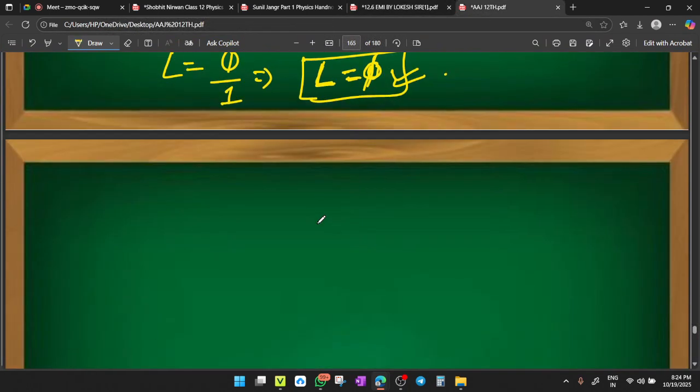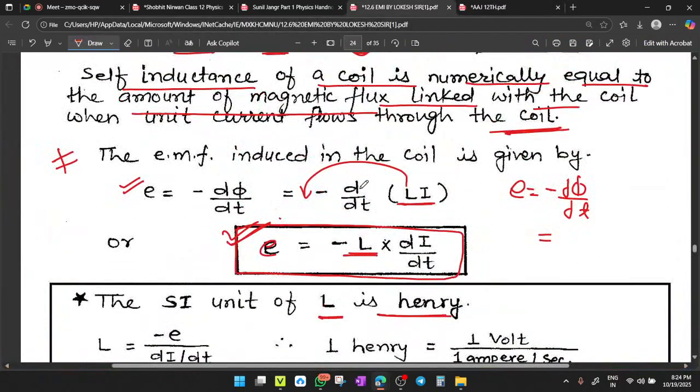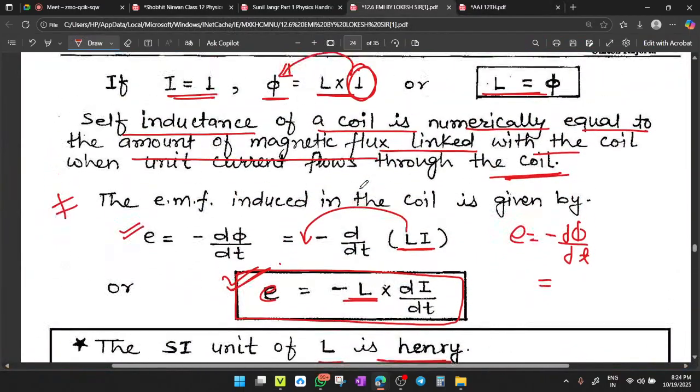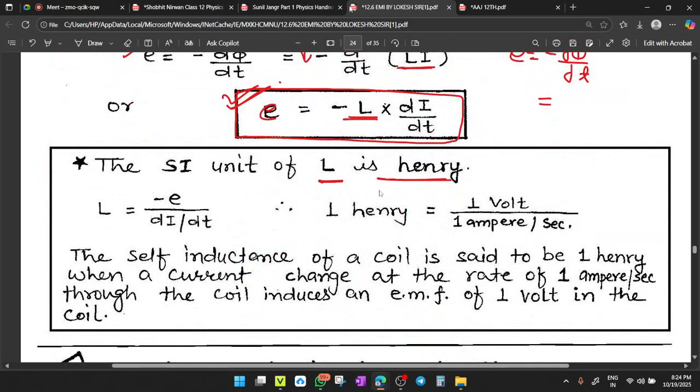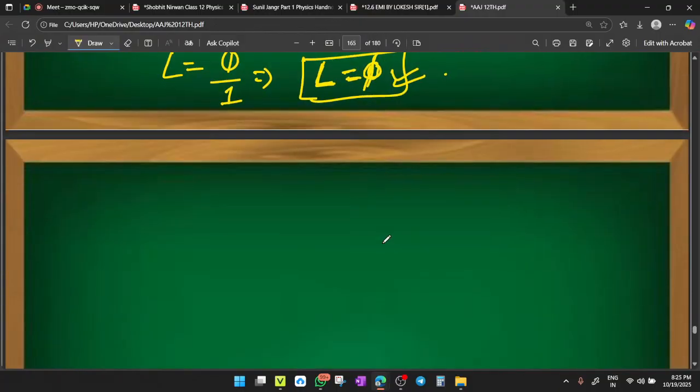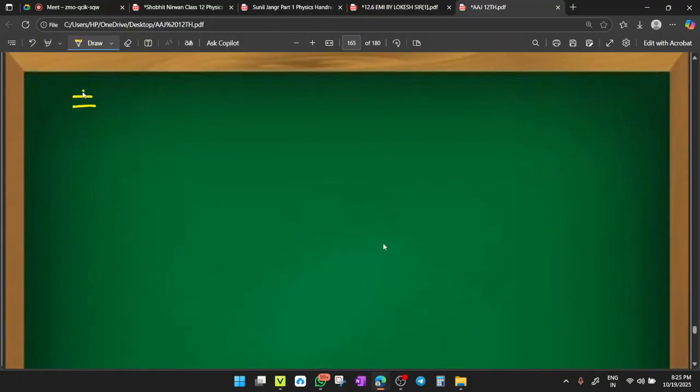Now, one more thing. E equals minus L di by dt. We can derive one more definition of L. How? See, we have the formula, numerically EMF equals L di by dt. The minus sign means the induced EMF opposes the change in current.